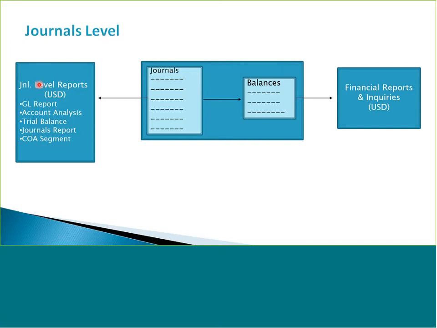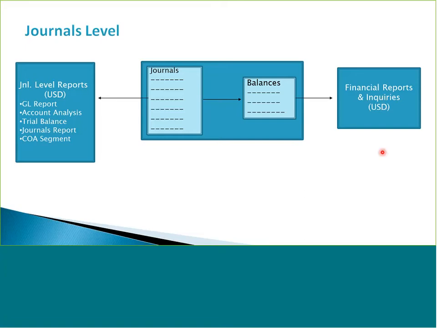A scenario where this might be required is maybe this is a subsidiary company and the parent company would like to see these kind of reports, both the detailed reports at the journal level and the financial reports, right?